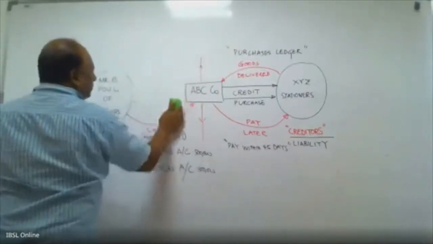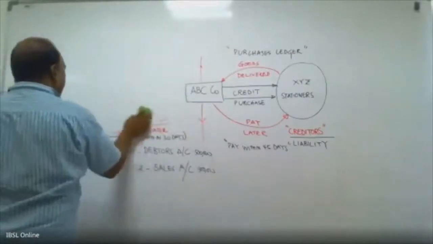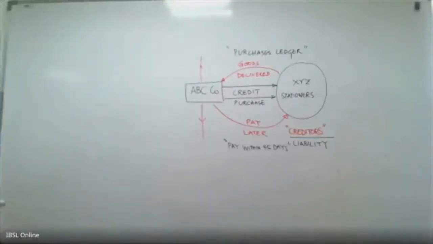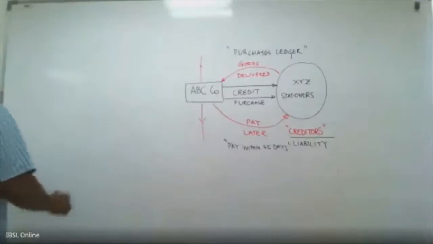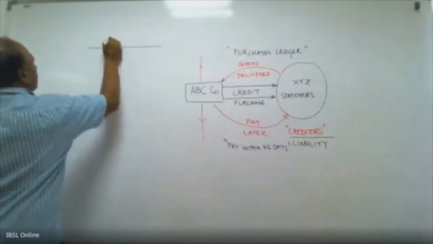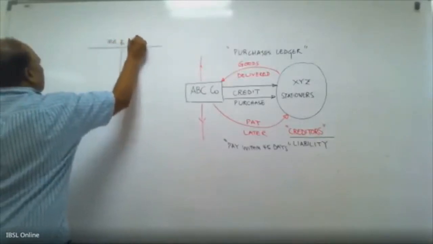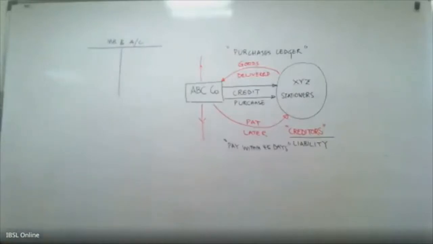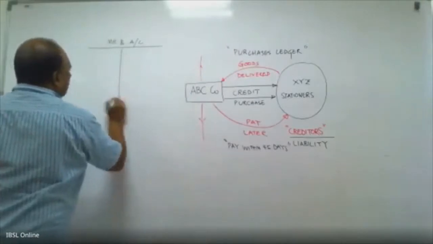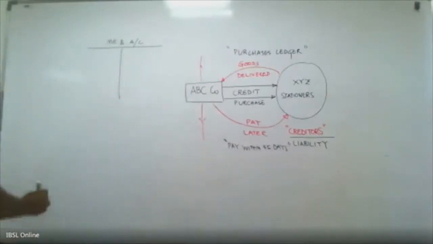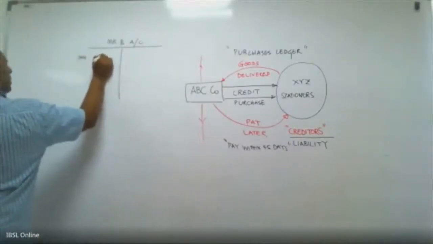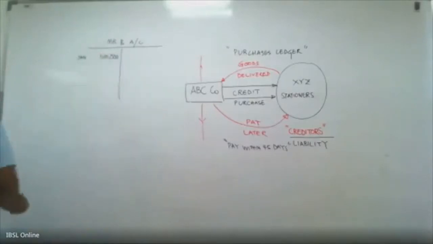So still we are on the credit sale, and I'm looking at the same example. Now say, in the books of ABC company, you will have to show the account of Mr. B. So in January, I had 500,000.